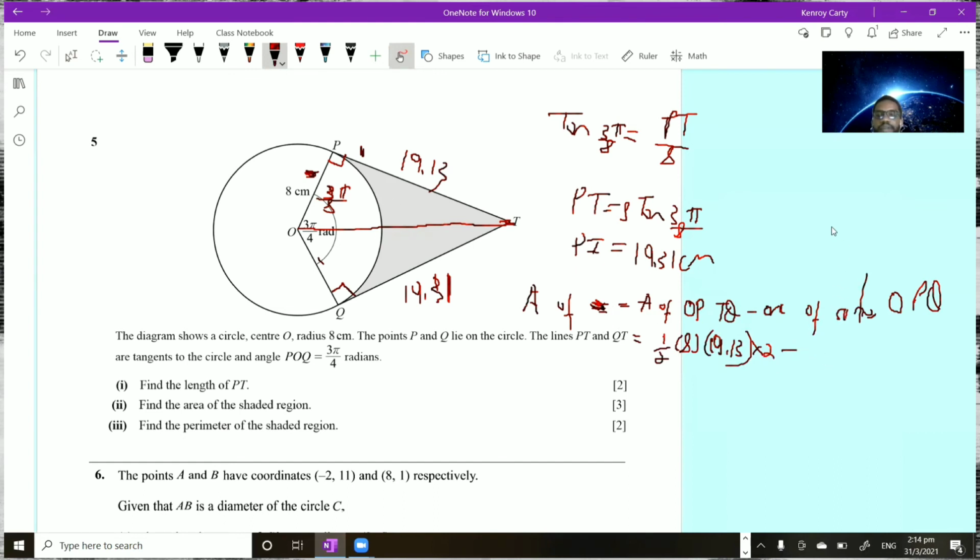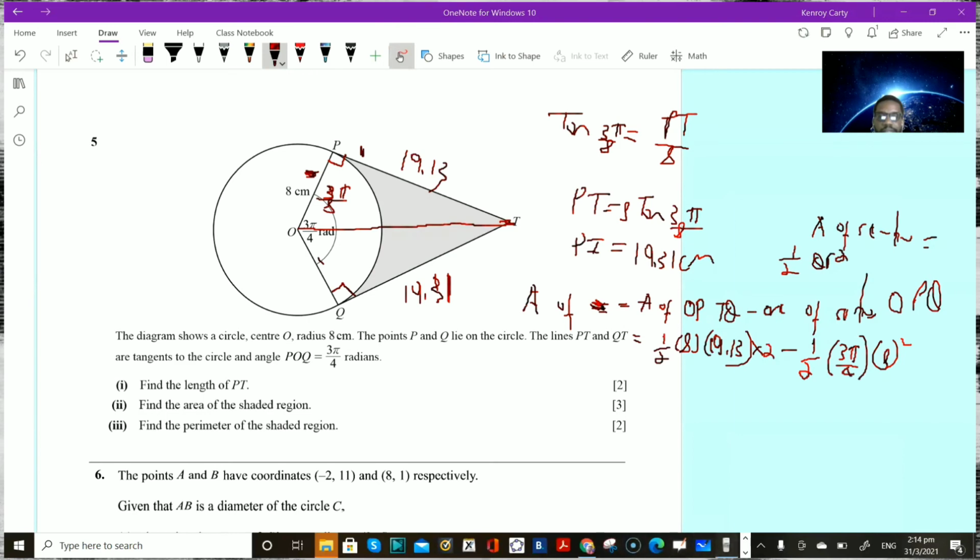All right, let me just put the formula here. Area of sector is equal to half theta r squared, right? Very important formula to know. So this is going to be minus a half, theta is 3 pi over 4, and the radius is 8 squared. Once again, the calculator will do a nice job here. So let me just pull up my calculator.